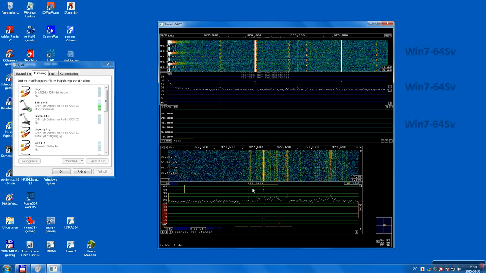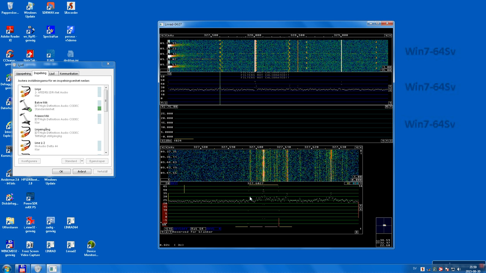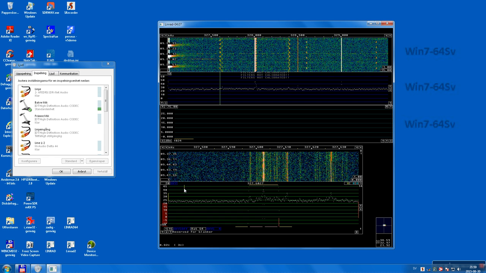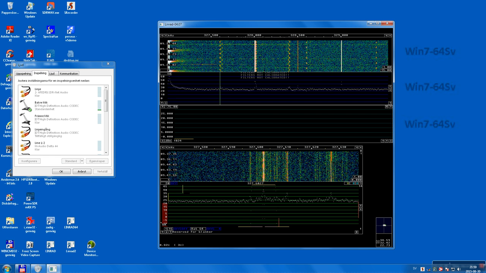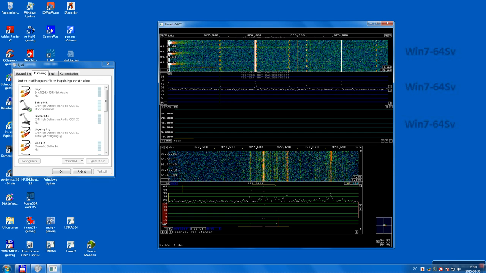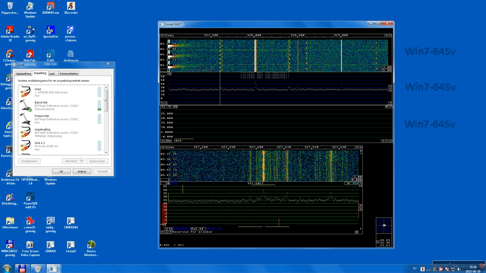The filter is set to just allow the keying sidebands from the dots. I can make the filter just a little bit narrower to put those sidebands outside. Oh, like that. And it takes a little time because there's a long processing delay here.